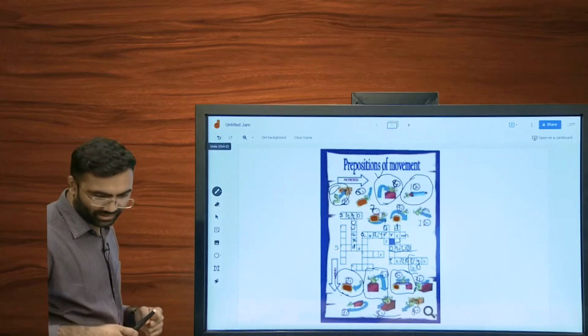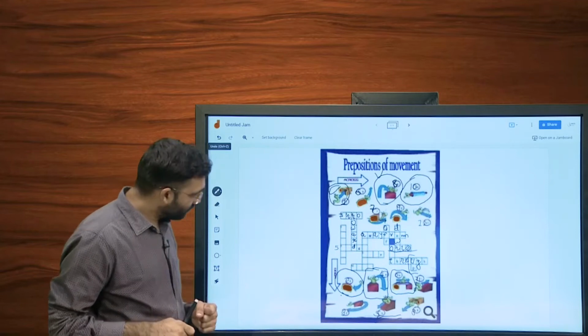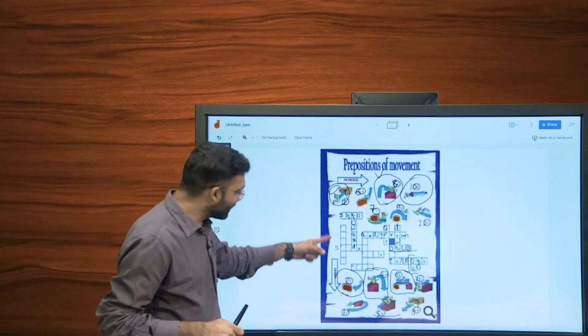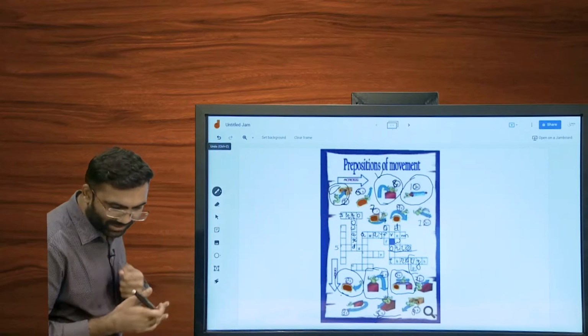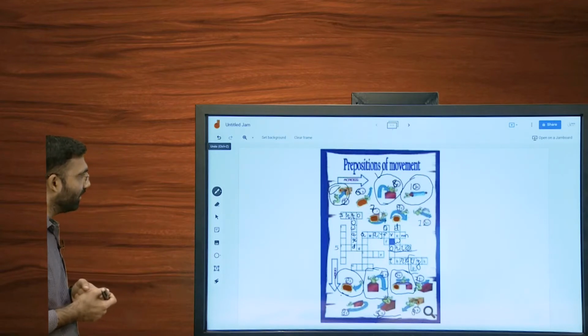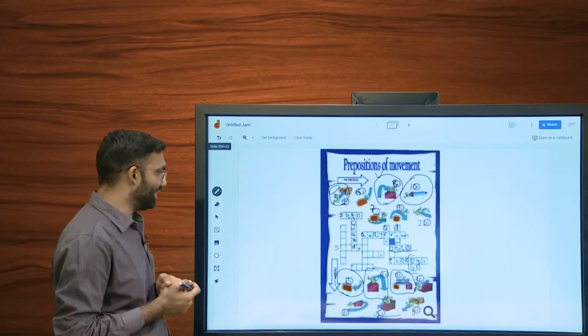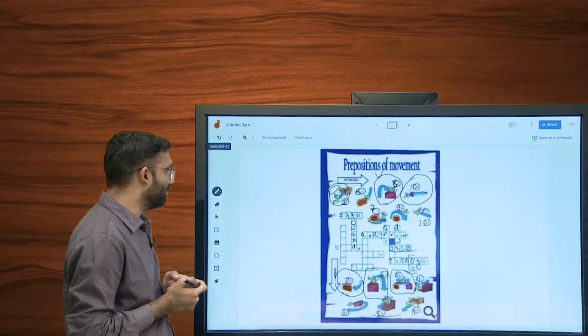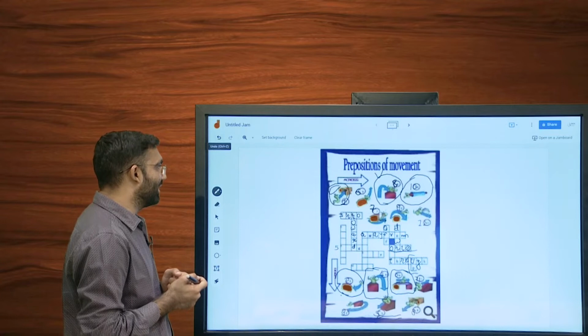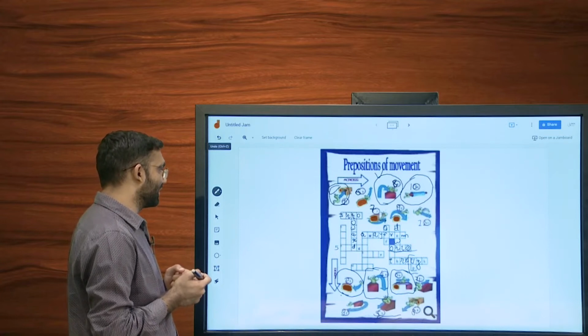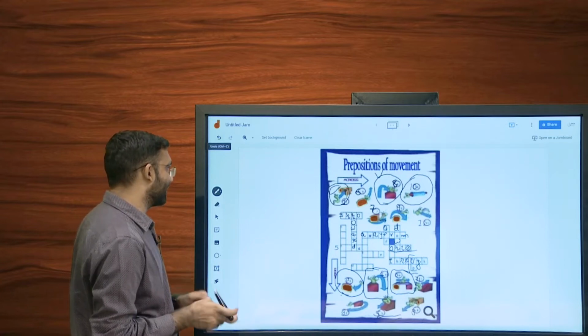This one. Yes. Try to think which one is it. Think about it. Which one is it? Try to think about it, and let me also think of it. Yes, I am able to remember it. It is across. Yes.